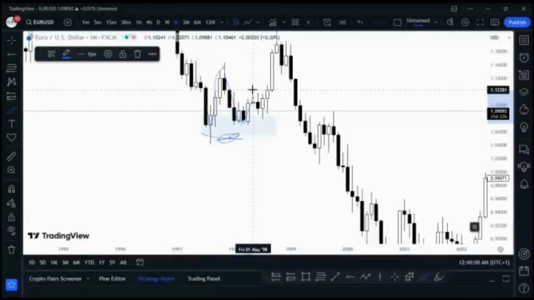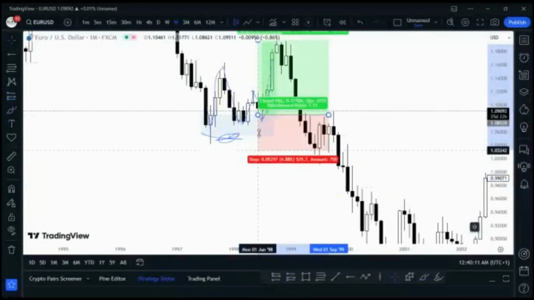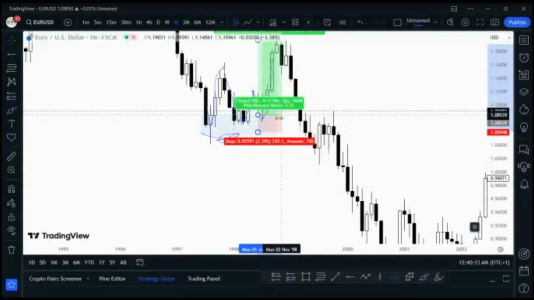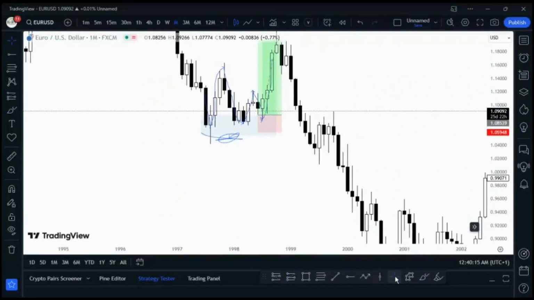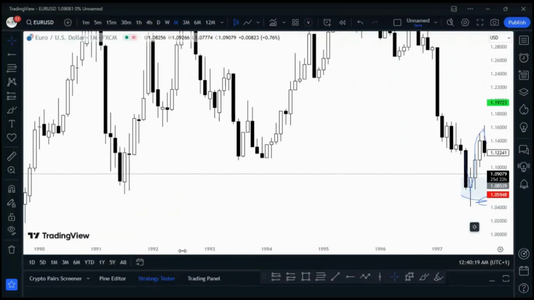Then you can see that it comes back again into that level and moves up. And what should you be doing? Obviously, you know the answer. You should be buying at that level. Good. Let's keep looking for more.